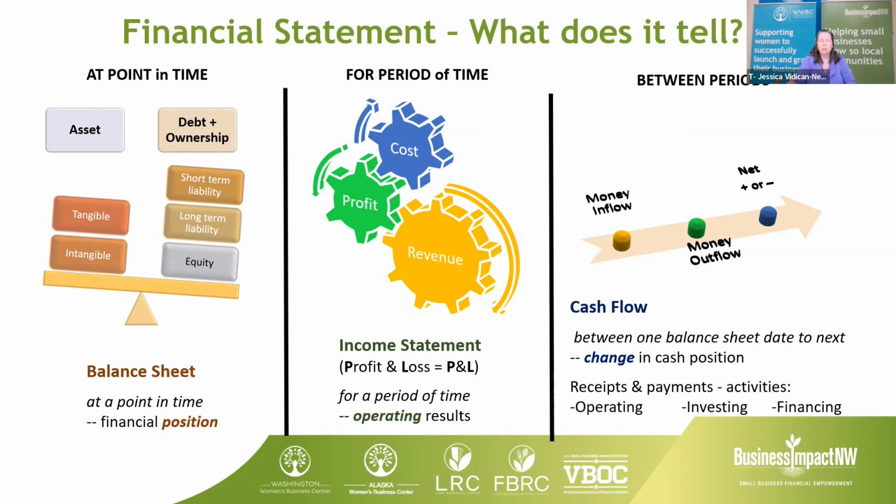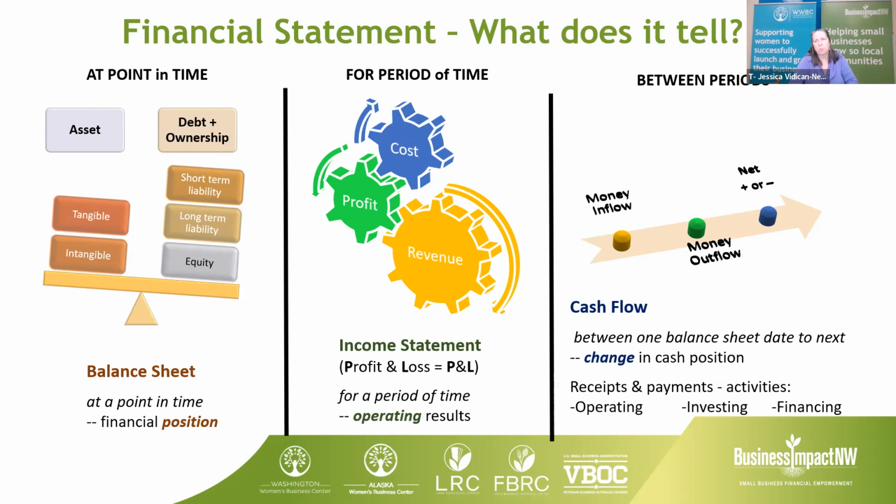And on the other side of the balance sheet, and again, it's a balance sheet, so the numbers balance, you'll have your debt and your ownership. Your short-term liabilities will be things like your credit cards or payroll taxes. Those are short-term liabilities that you're keeping track of so that you know how much you owe the IRS for your payroll taxes. Your long-term liabilities would be things like a business loan, and the business loan will show up on your balance sheet, and you'll see the number going down over time.